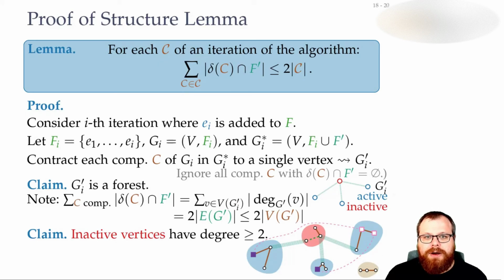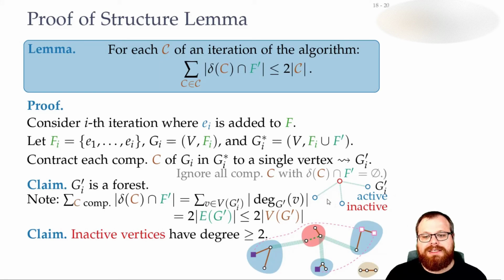So it cannot have degree 0. If it has degree 1, then that means it gets connected to some other component. But why would we connect it to some other component? Because it doesn't have to connect somewhere else. There is no single terminal that has to be connected to another one. So this edge that we would add to another component, that we don't need, that doesn't give us anything, that would be removed.